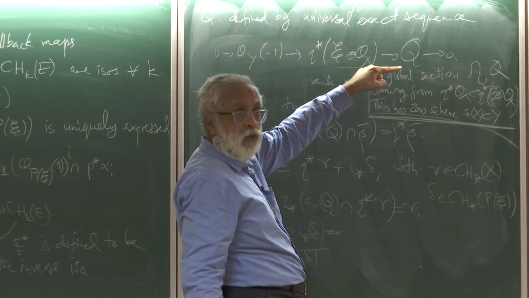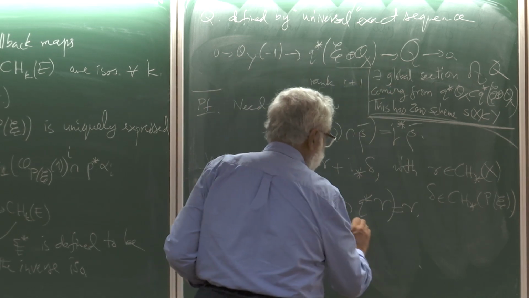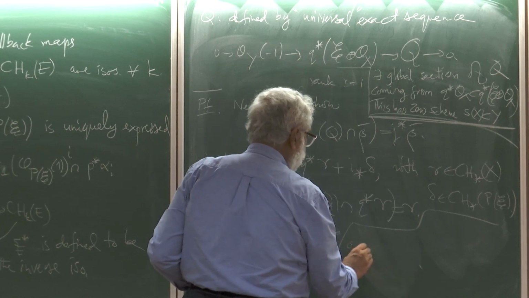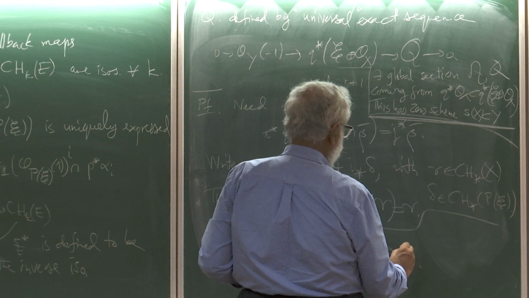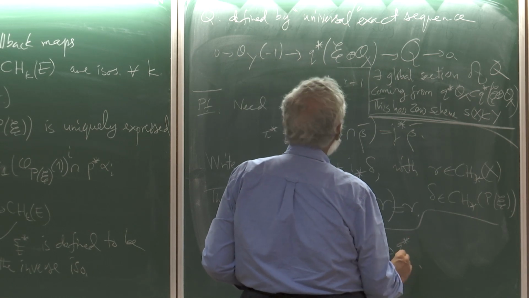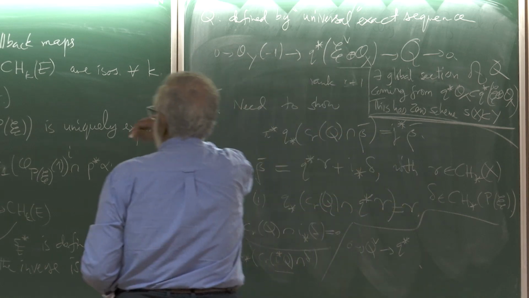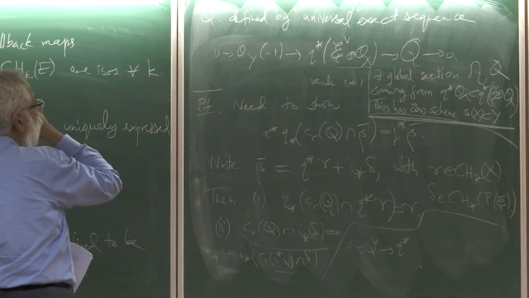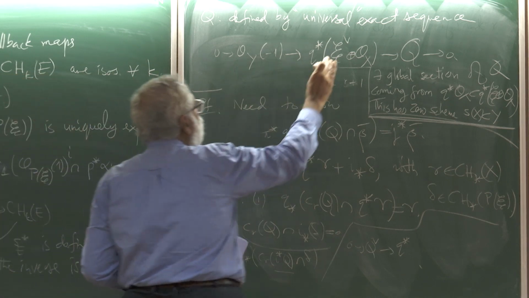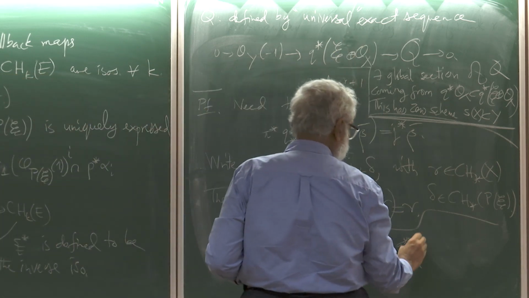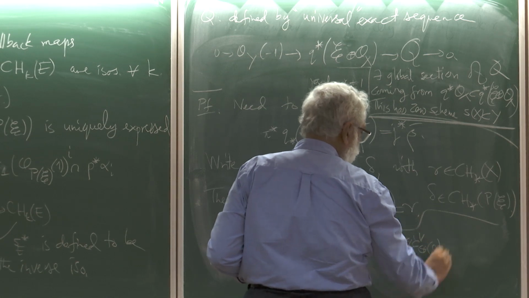O_X maps to Q. So there's a dual exact sequence, Q dual maps to Q upper star of, sorry, this is E dual I think, right? Is that right? E dual? No, this is E. So here I have E dual, I think. Oh yeah, here I have to have the dual.